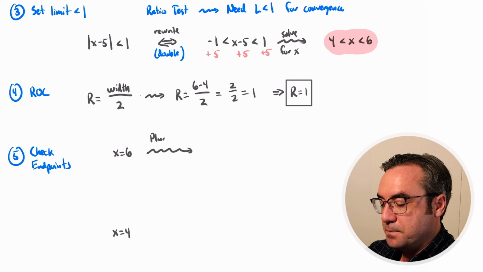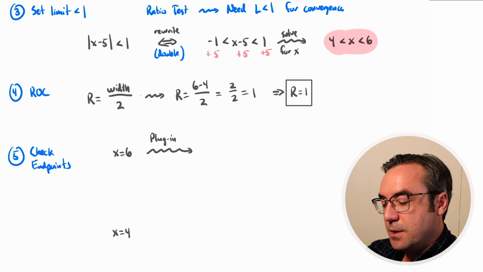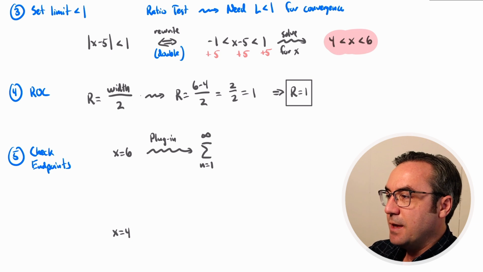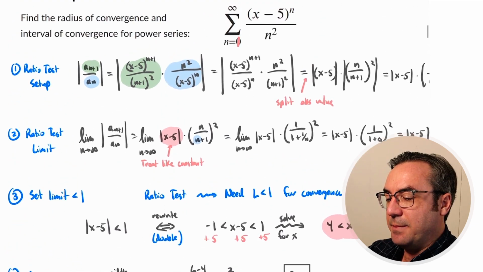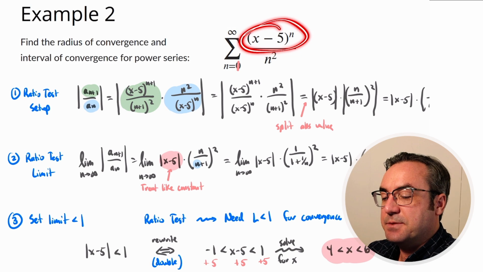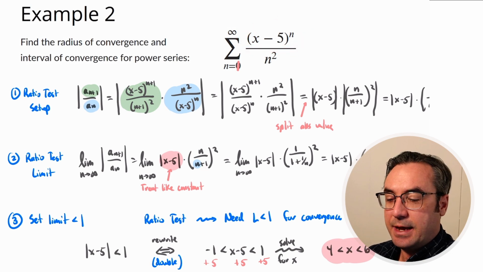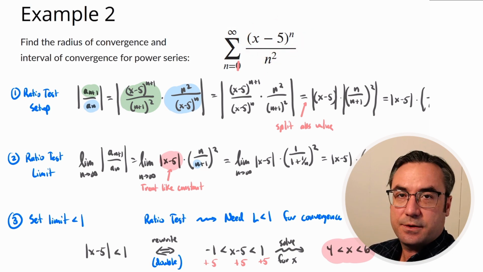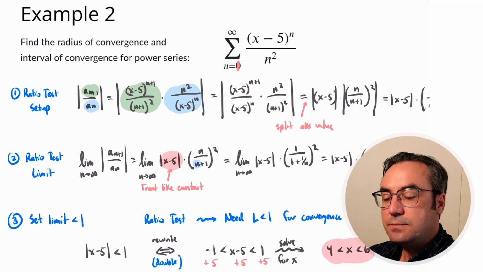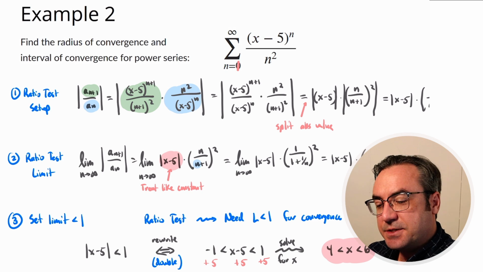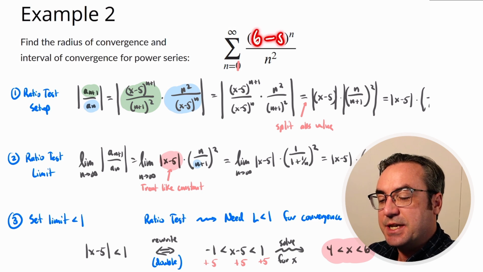When we do that, our power series was the sum from n equals 1 to infinity of x minus 5 raised to the power n over n squared, if we go back up. We're starting with the endpoint 6, so we're going to change that x to a 6.